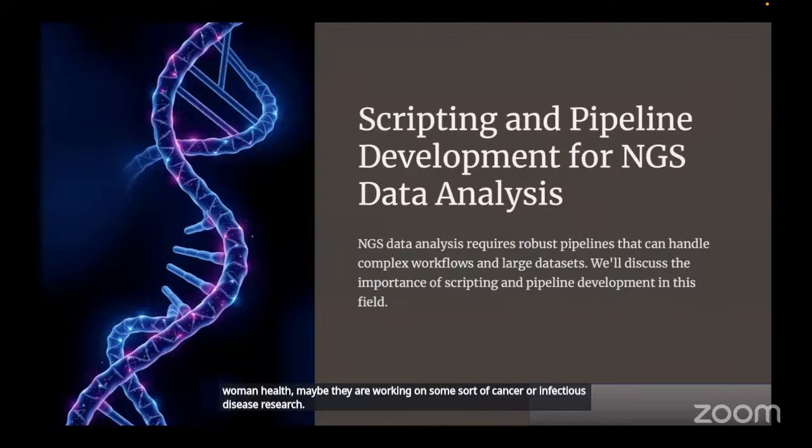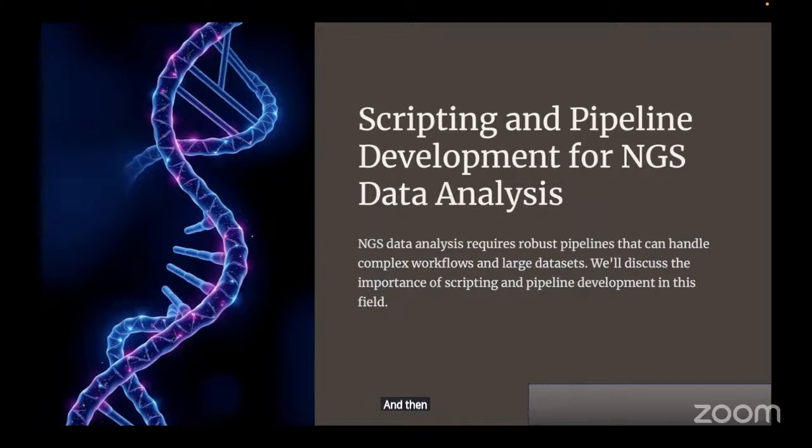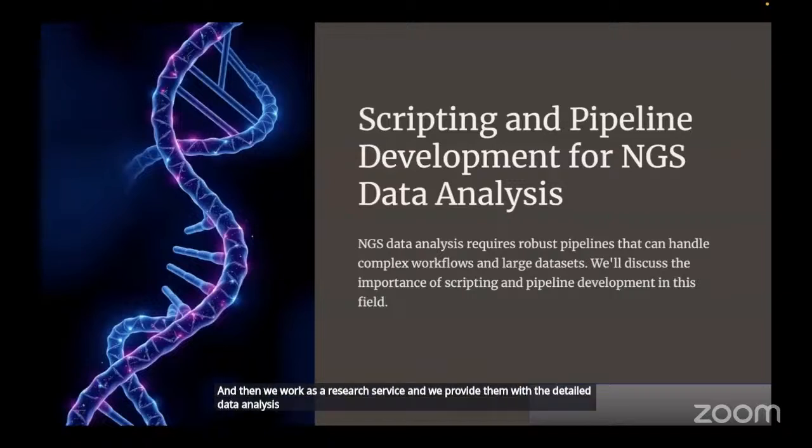And then we work as a research service, and we provide them with the detailed data analysis and what the implications are. So it's a collaboration. Obviously, there we work as an independent entity, but we work together to solve a research problem.